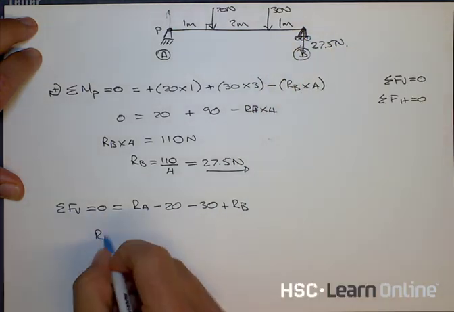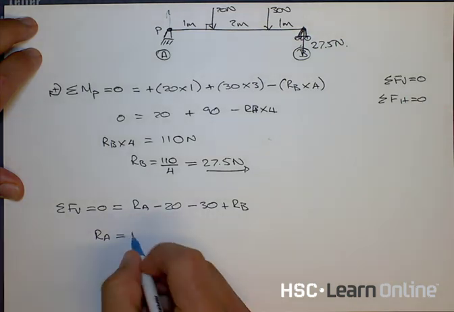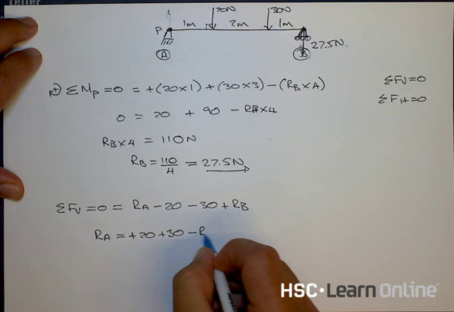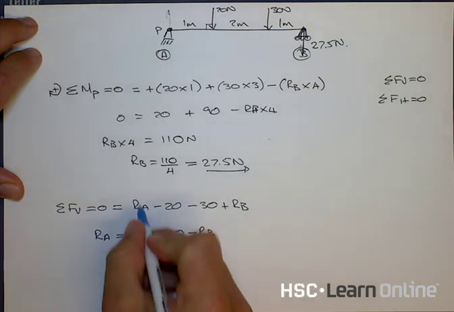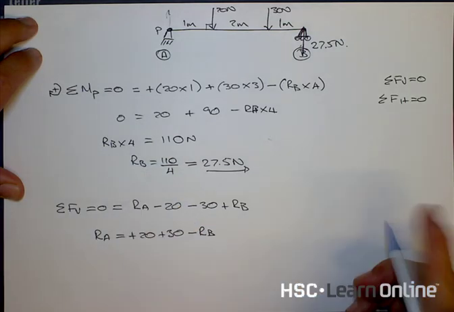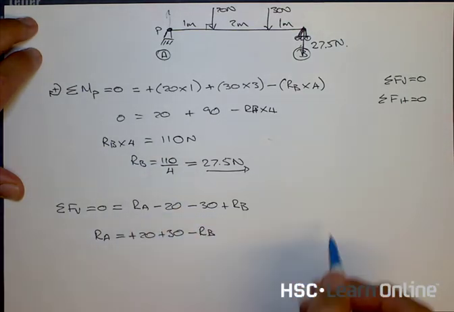So RA is equal to 20 plus 30 minus RB. What I've done here is I've just moved all these onto that side of the equal sign, and when you do that you need to change the signs in front of them.